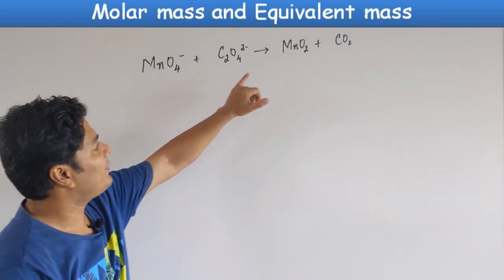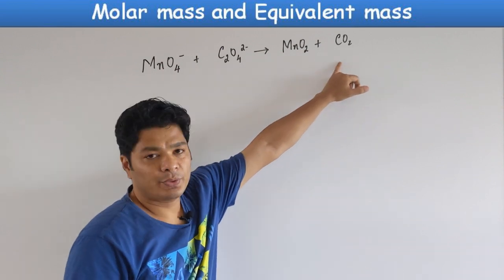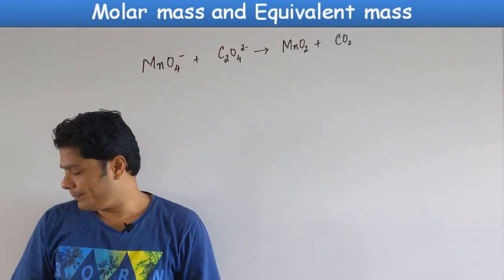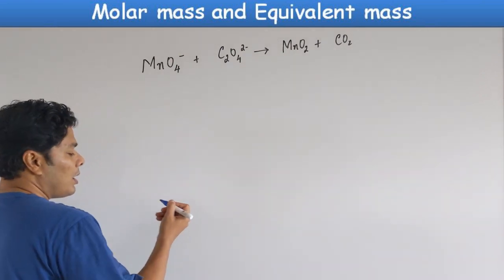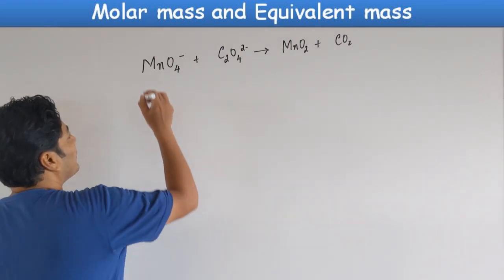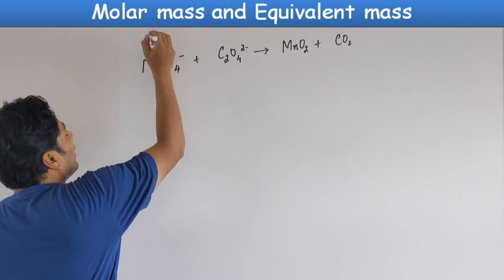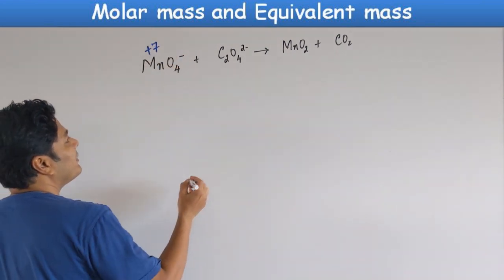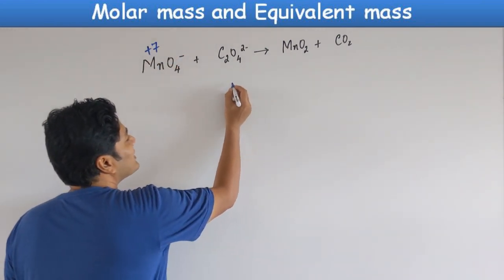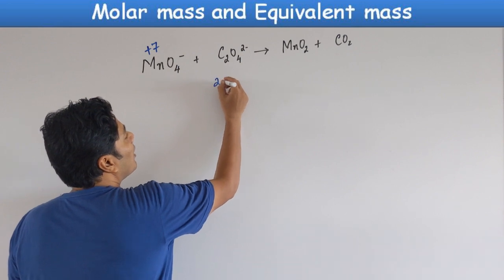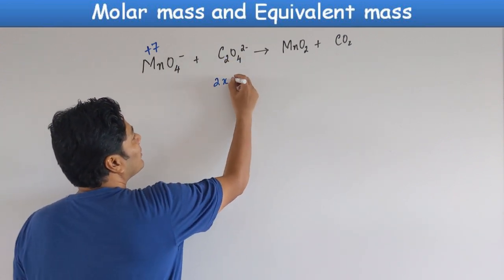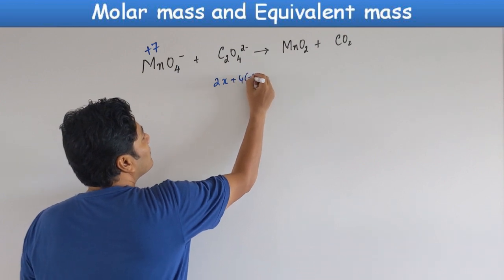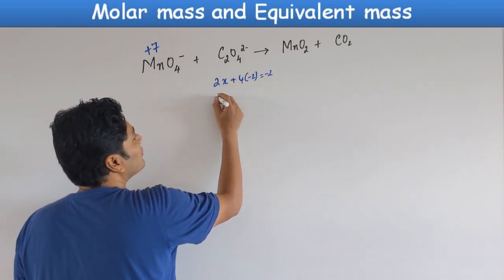You can take it as half reactions, this gives you this and this gives you this. That's one way of doing it. Now we are not looking into balancing here, we are just looking into the equivalent weight side of it. So the oxidation number of manganese is +7 here. For carbon, for example, if you want to take the valency of carbon as x, 2 times carbon plus 4 times -2 equals -2.